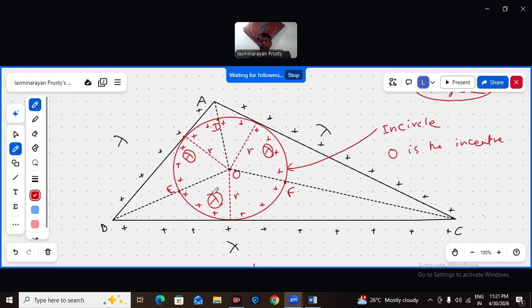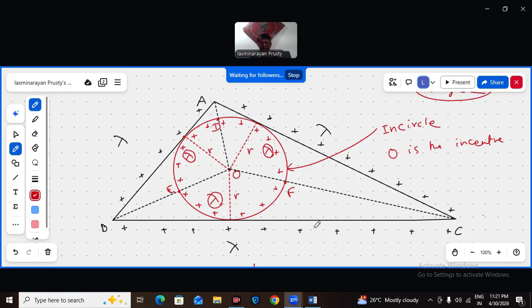Same. Similarly, the field due to BC will be equal to the field produced by this EF arc at the center, just as we discussed in page 1. Similarly, the field due to AC will be equal to the field produced by this FD arc at the center.